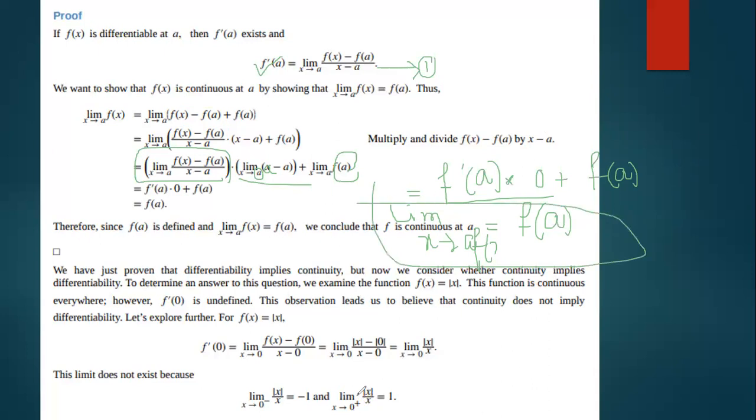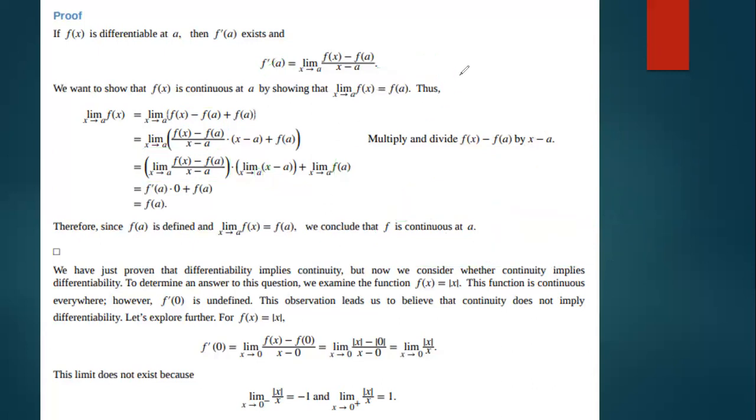So again, this will be my conclusion: the limit as x approaches a of the function f of x will be equal to f of a.